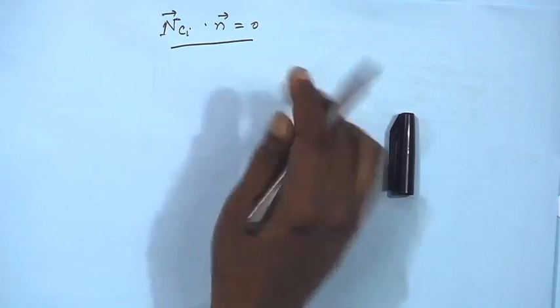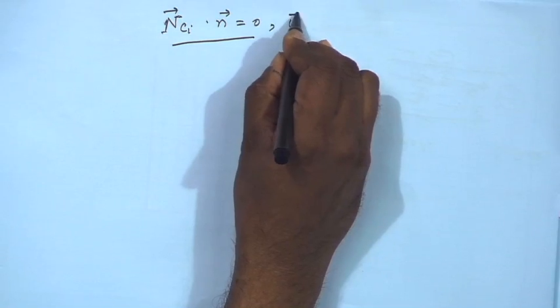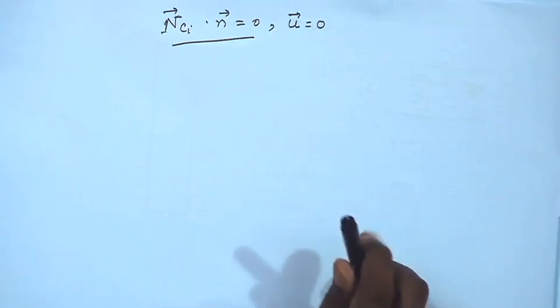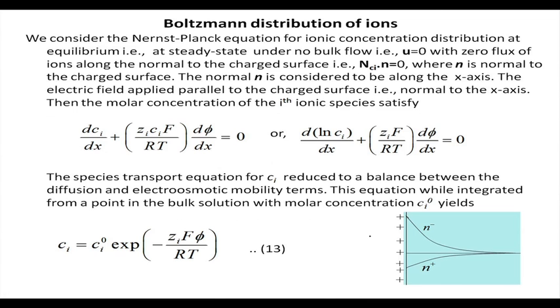So, if I assume that ion flux is 0, and the convective fluid velocity is 0, and 0 flux of ions, if I assume this kind of situation, then we can reduce this Nernst-Planck equation to this form for any ionic species given by this way.